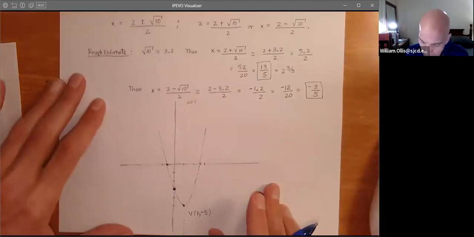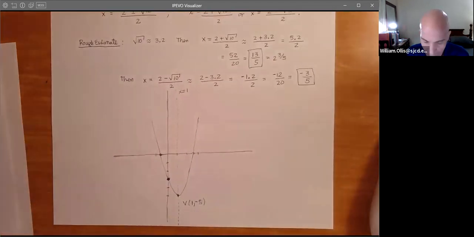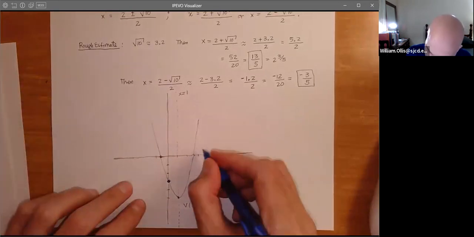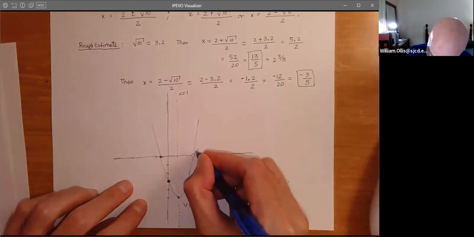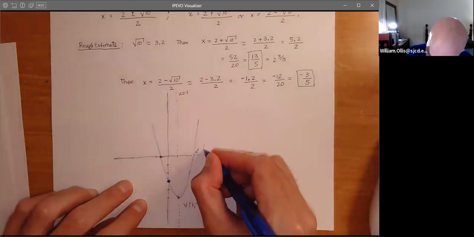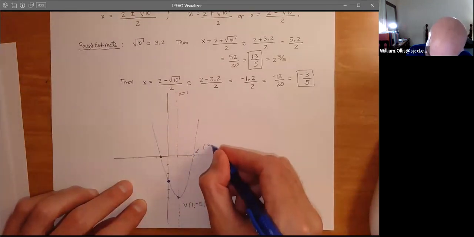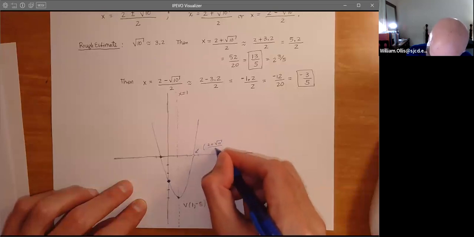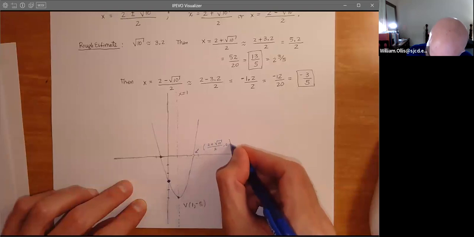Okay. So now we've got our nice estimates here, but see the exact here, if we just wanted to point that out, the exact is (2 plus square root 10) over 2. We just write the coordinate pair.